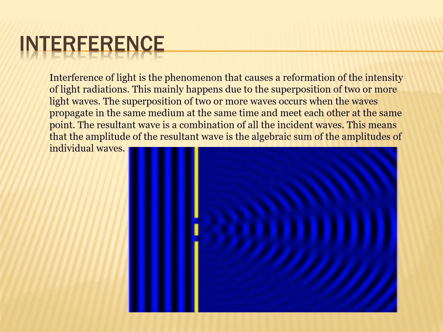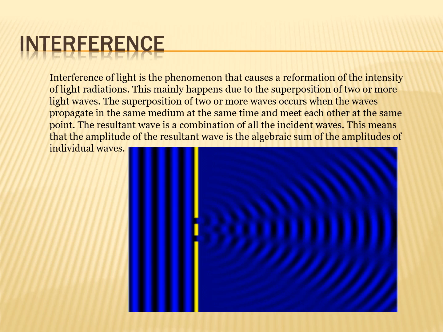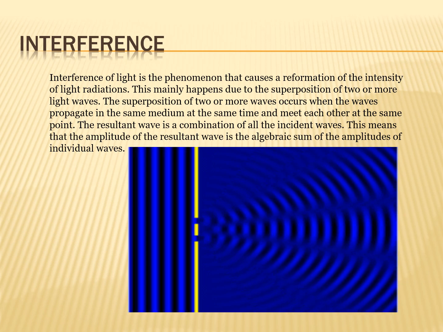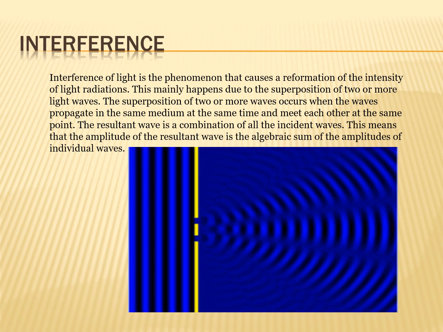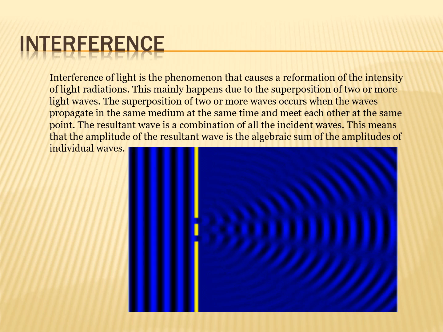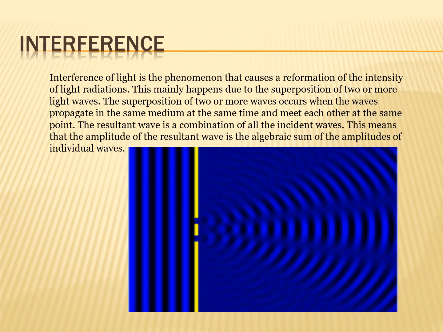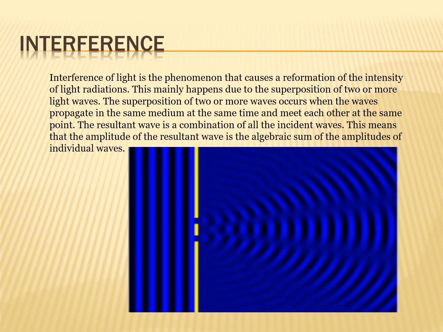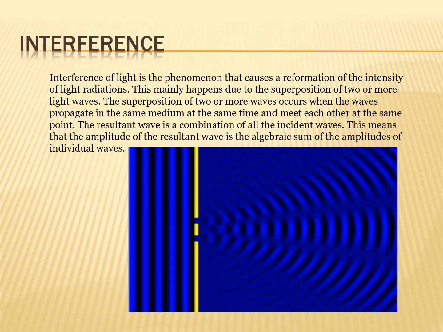Thus, when the superposition of the two waves happens, you can see here the bright and the dark fringes resulting from the constructive and destructive interference. The bright fringe represents the constructive interference. The dark fringe indicates the destructive interference where the amplitude is nullified.